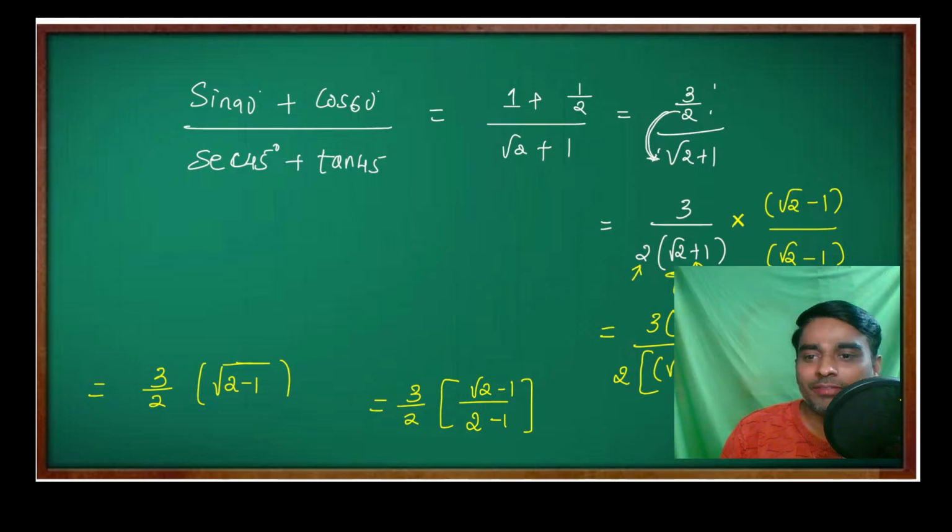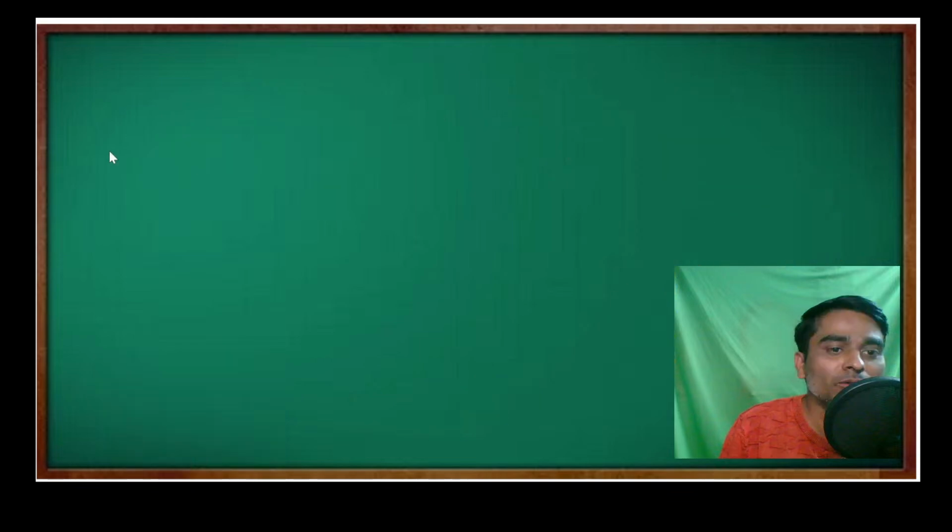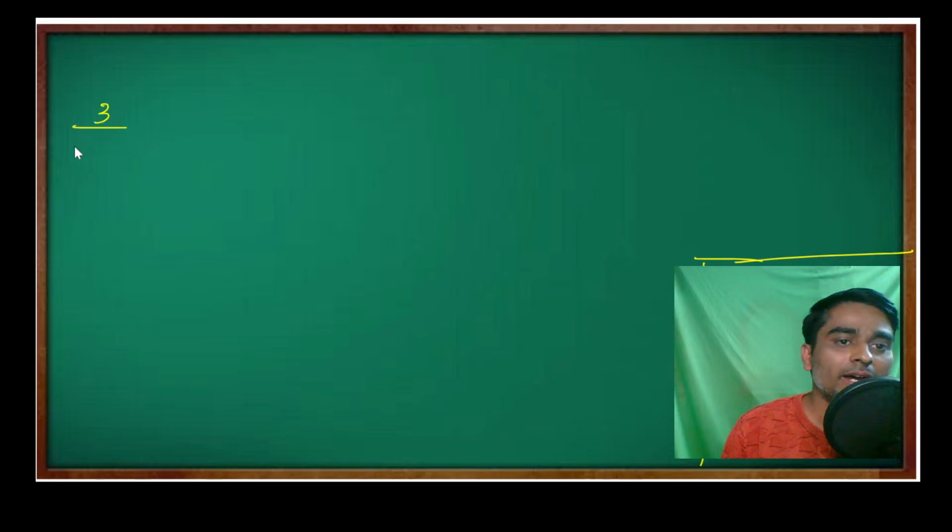Okay, if I write on the left side, you are not able to see, I think, right? Okay, I will write it here only, this side only. Let's avoid this area. Danger zone. Okay, let's repeat that. 3 by 2 into root 2 plus 1, rationalize, I said we'll take this.